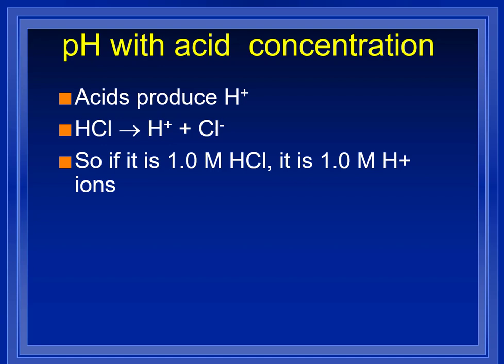If I had 1 mole of HCl, it would fall apart into 1 mole of H plus and 1 mole of Cl minus. So by telling you the concentration of the acid, they're telling you the concentration of H plus. So a 1 molar solution of HCl would have 1 molar H plus concentration, and its pH would be 0.